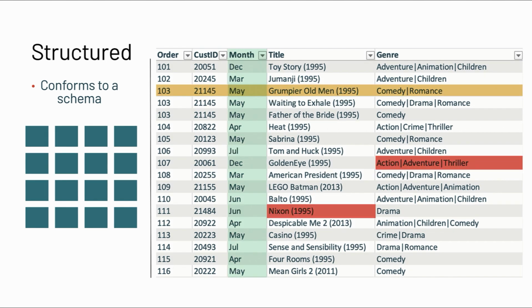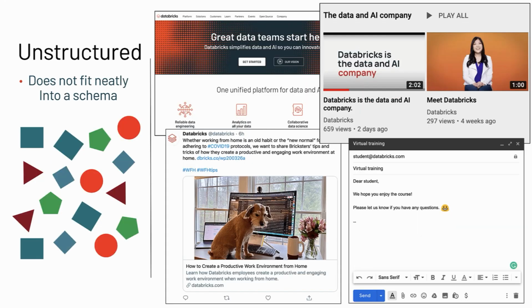If we look at this spreadsheet, for example, we see that there are clearly labeled rows and columns, and the information within those rows and columns follows a schema. So for example, the customer ID seems to be a 5-digit numerical value. The titles of the movies are all letters and numbers followed by parentheses. Genres are also separated.